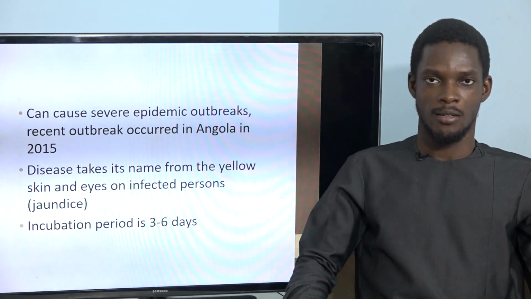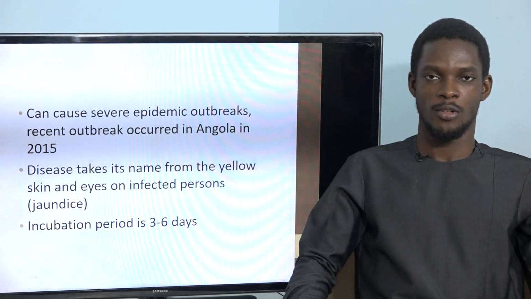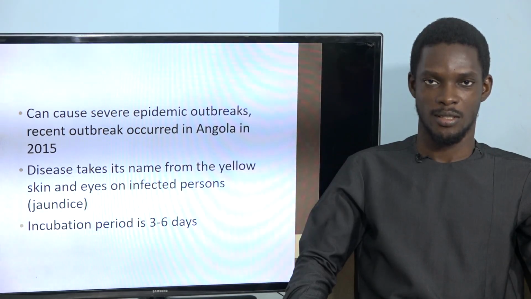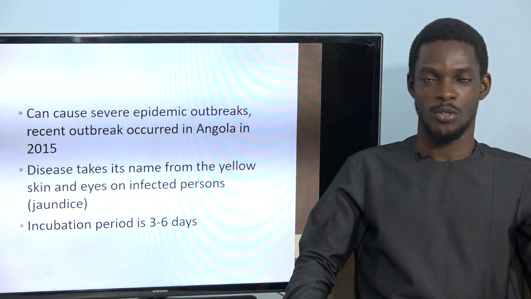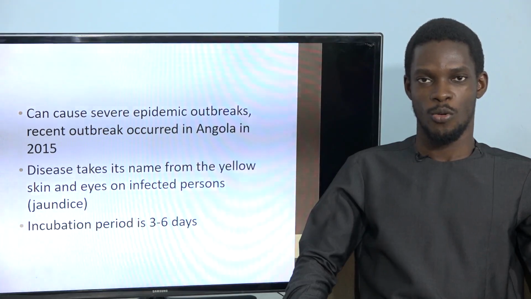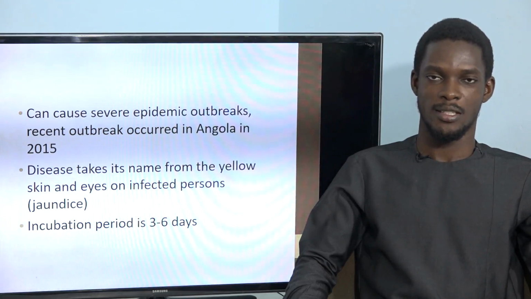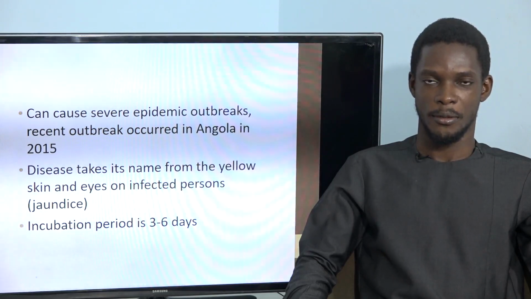With a medical background, you will know that this yellow skin and yellow eyes is simply referring to jaundice. However, because at the time it was not well known, it was simply called yellow and then fever, hence the name yellow fever.